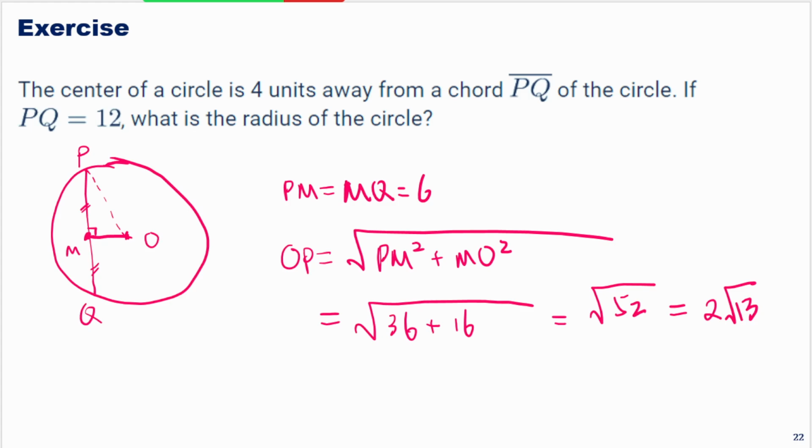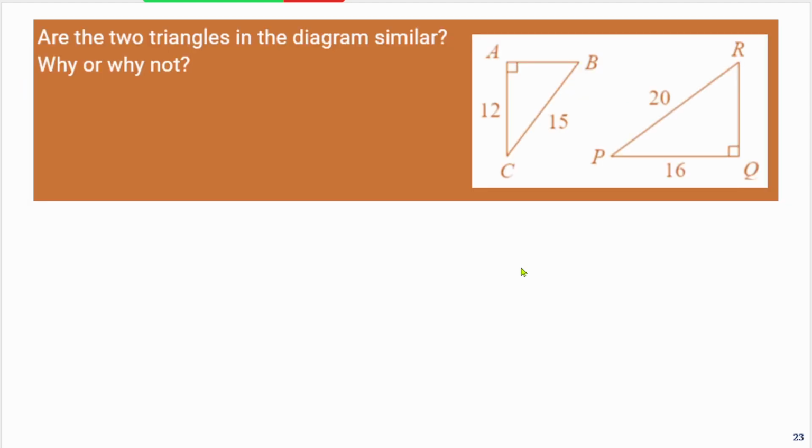Okay, if no questions, let's have a look at the next one. Another exercise. Are the two triangles in the diagram on the right similar? Why or why not?